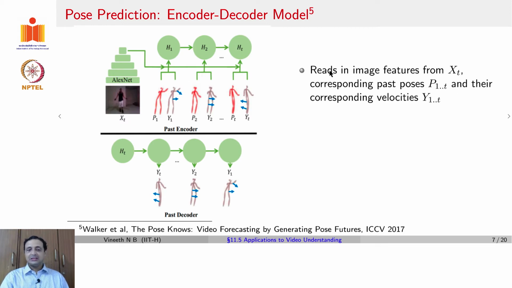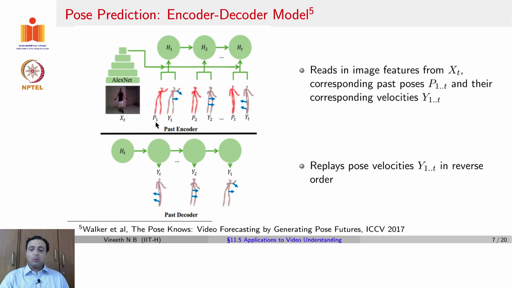So once the encoder reads in these image features, corresponding past poses, which in our case are P1 to Pt that you see here, and corresponding velocities y1 to yt, which give how each of the joint locations in each pose at a time t is moving towards the next time step.